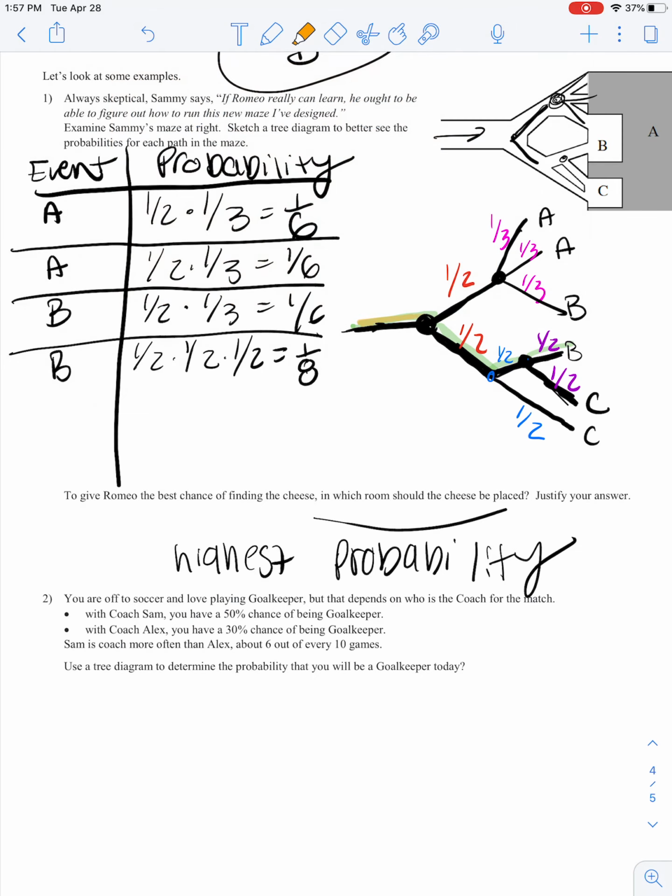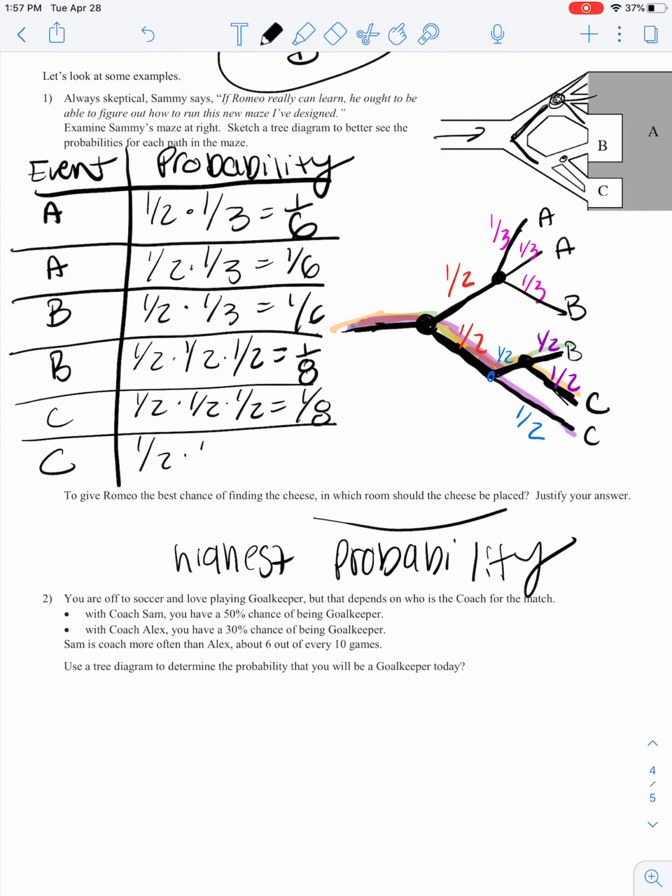Then we have him going to room C this way. That is also 1/2 times 1/2 times 1/2, which is 1/8. And then him getting to room C the final way, then this way, which is just 1/2 times 1/2, 1/4.